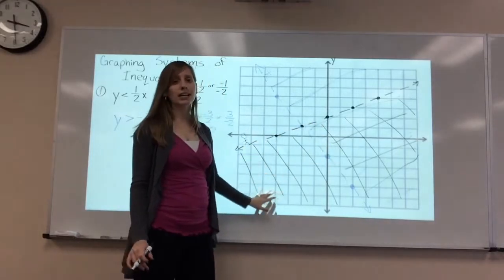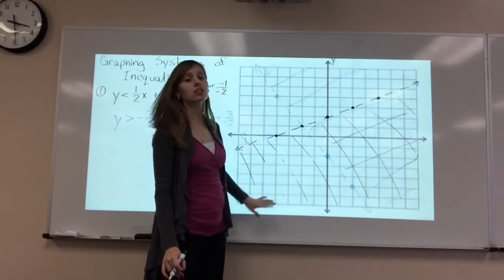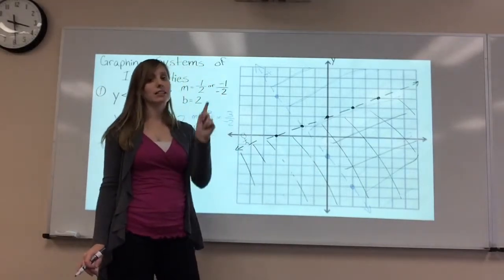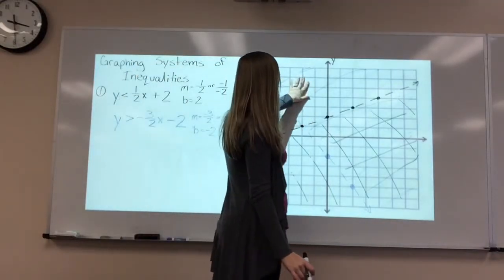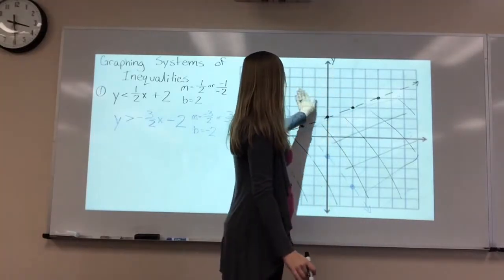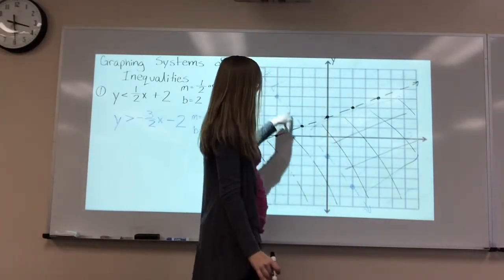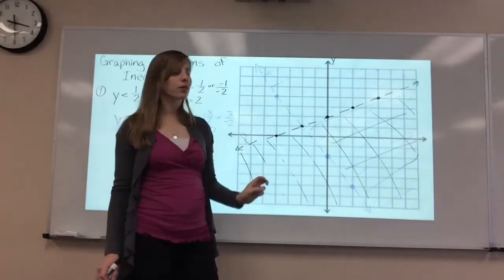There's no blue shading here, so it's not answers for the blue line. So these don't count, because it's only answers for one of the inequalities. I want answers for both. Looking up here, I'm only shaded for the blue line up here, okay? So these are not answers because they're only answers for this blue line, not for both. I want the answers for both.